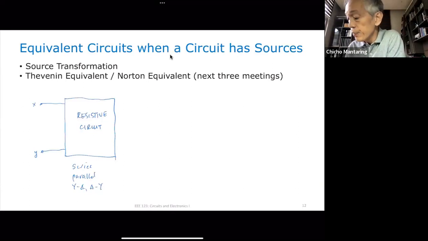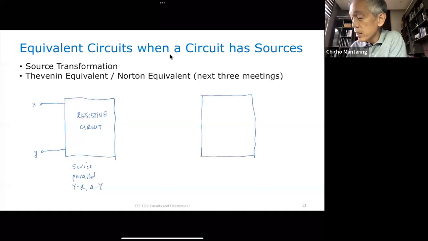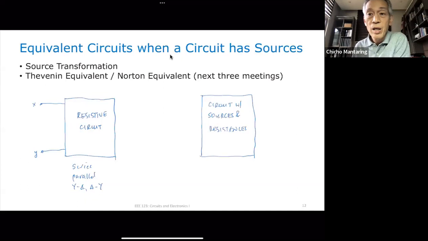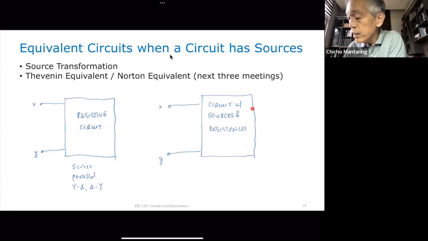Now the question is this, what if I have a circuit here with sources and resistances? Is it possible to represent this with a simple equivalent circuit with respect to X and Y, no?